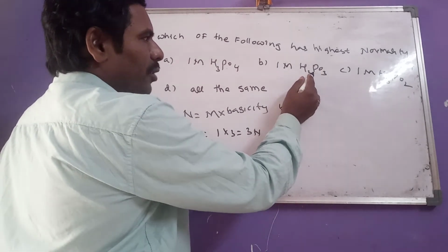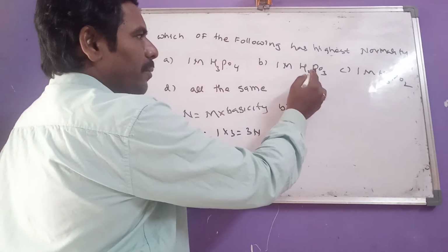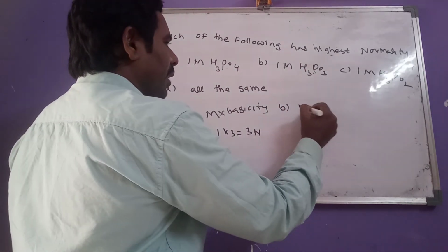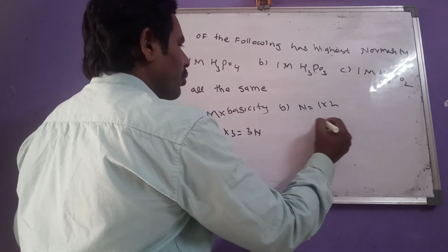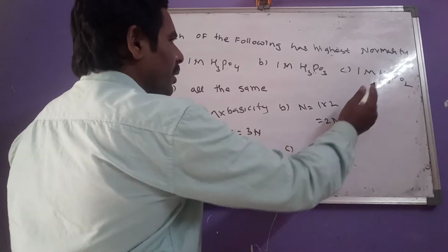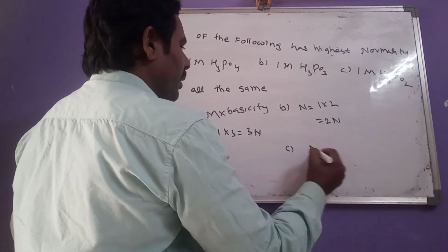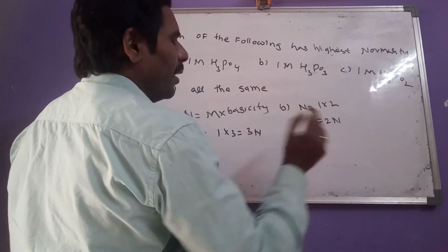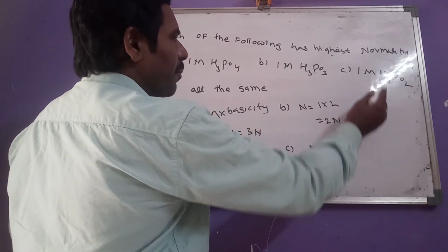It produces 2 H plus ions, so its basicity is 2. So its normality is 1 into 2, which means 2 N. And another one, 1 M H3PO2, has basicity 1 because it produces only 1 H plus ion.